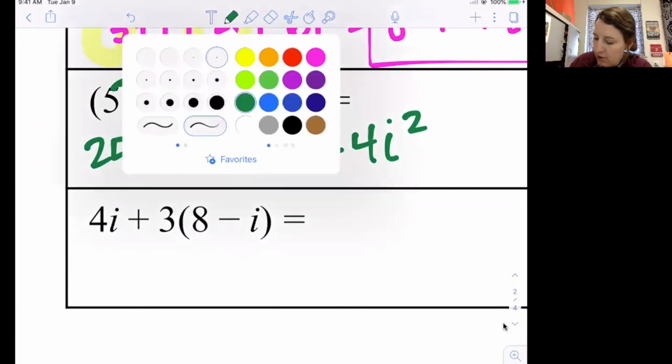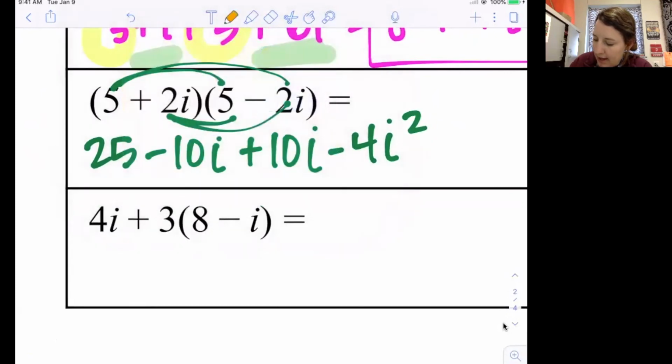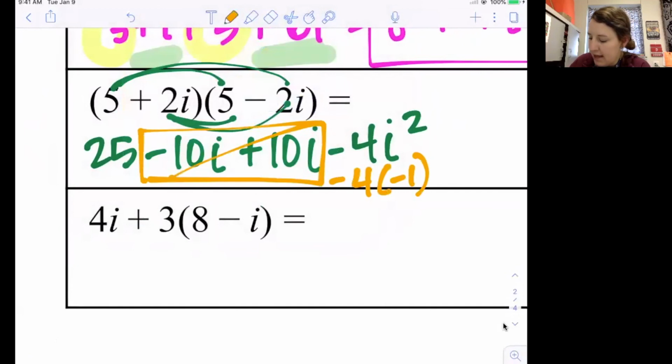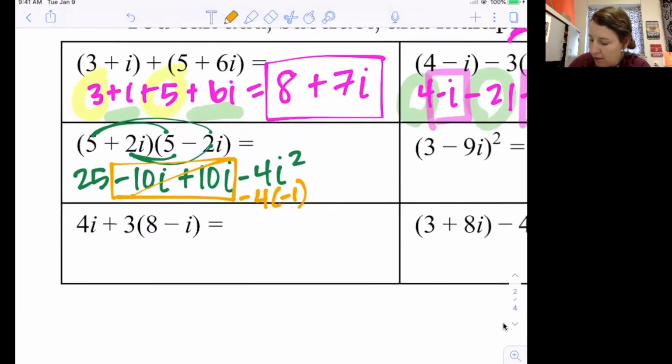Okay, so in looking at this, my negative 10i and positive 10i zero out. My i squared can be replaced by a negative 1. So this is really negative 4 times negative 1, which is going to leave me with 25 plus 4, or a whole number answer of just 29.